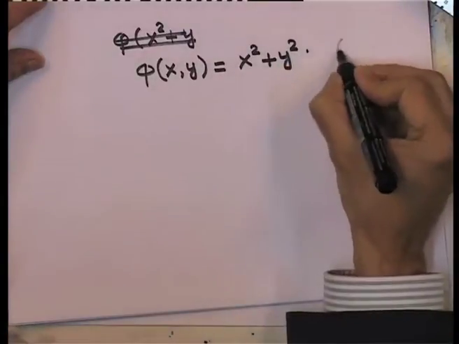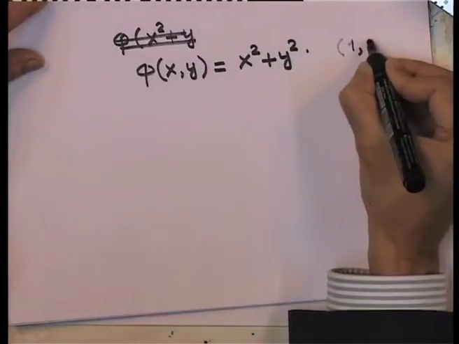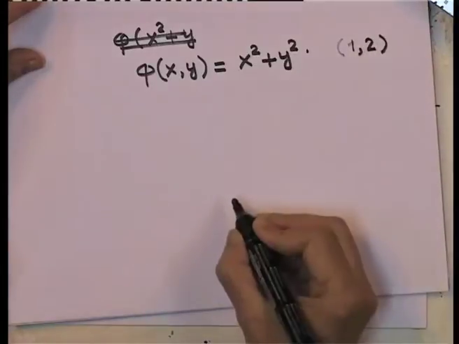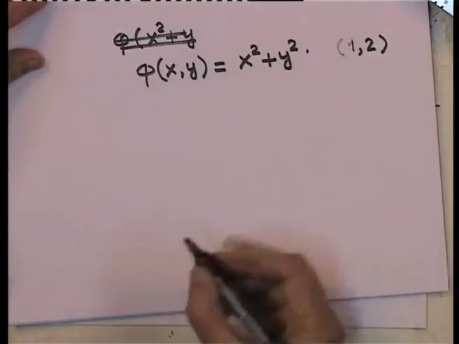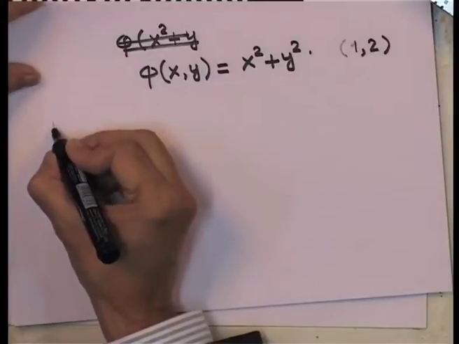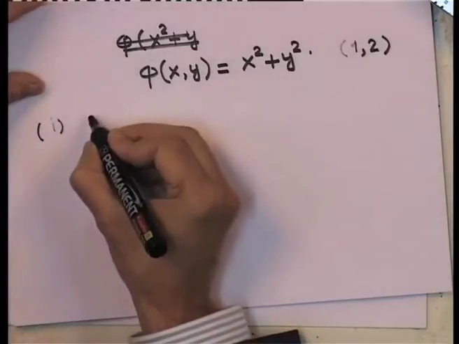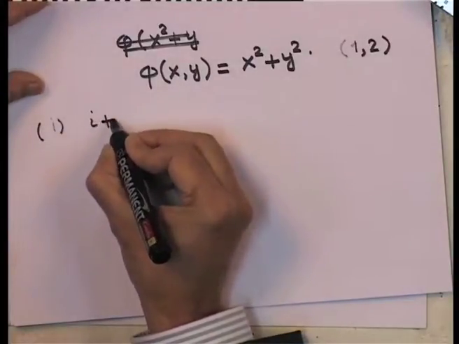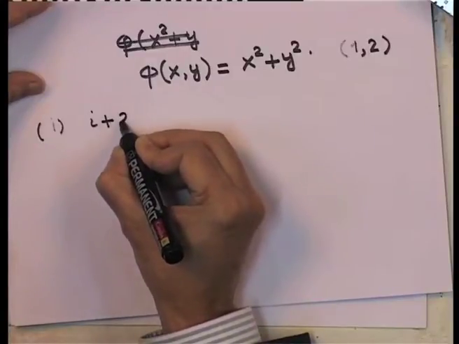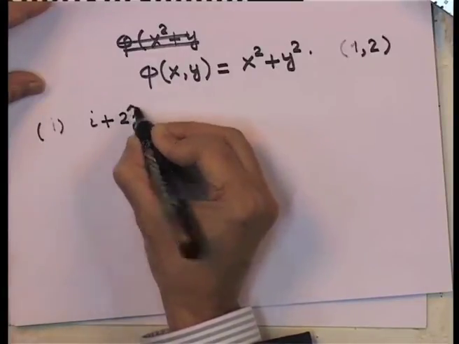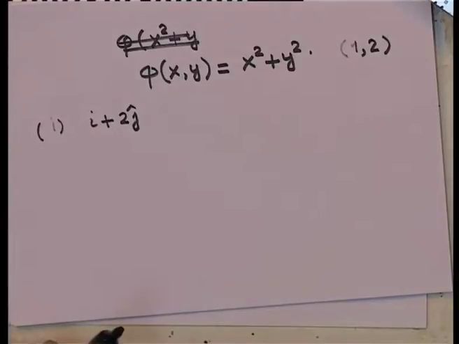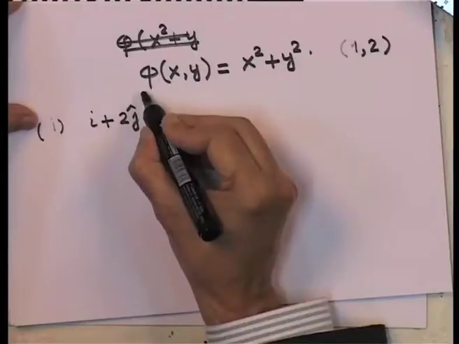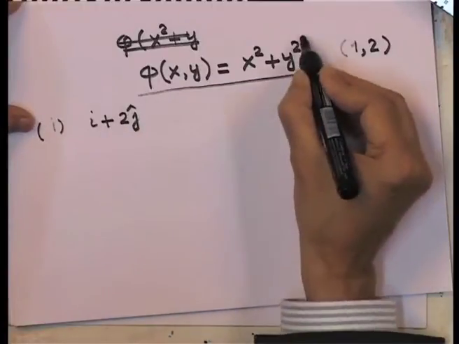And I will calculate the directional derivative at the point 1, 2, but along 3 different directions. But let me first illustrate the first one, that I want to calculate the directional derivative along i plus 2j. Let us do that. First, let us look at what this function looks like.